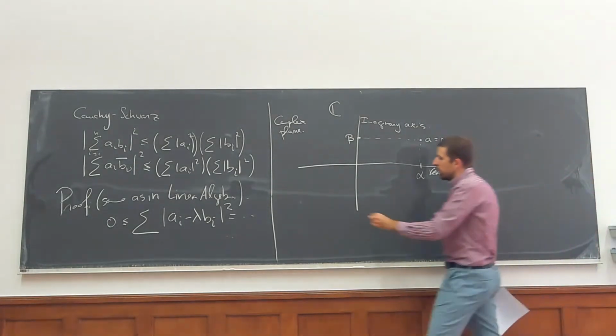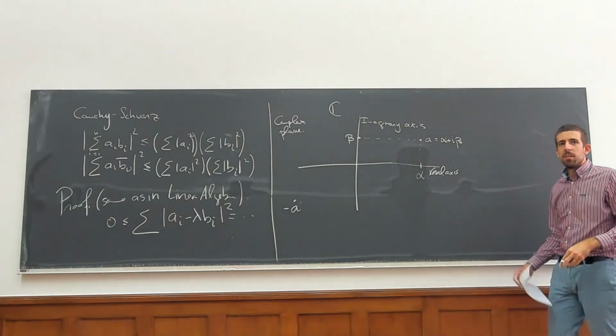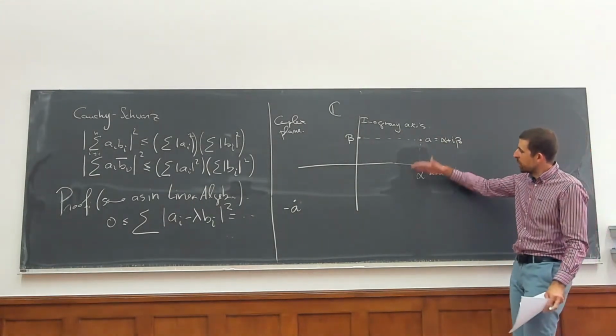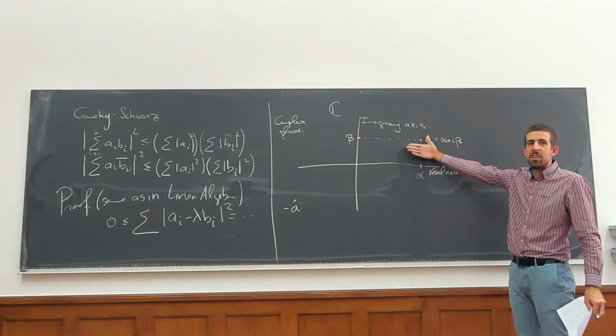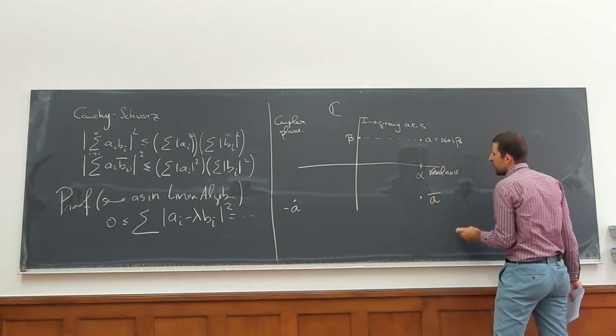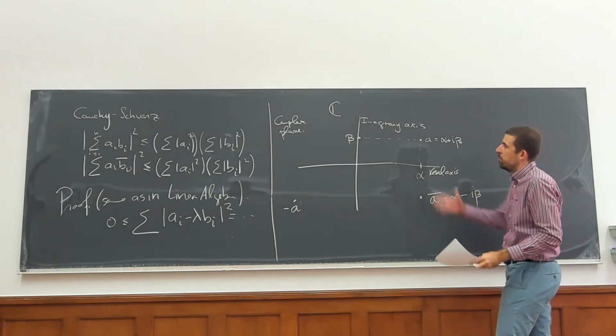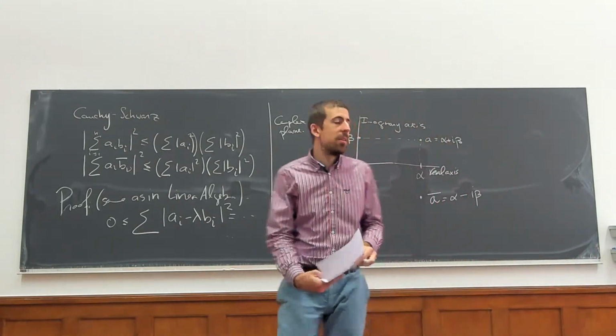Minus A will be here. A conjugate will simply be a reflection on the real axis: A conjugate equals alpha minus i beta. I just flip the imaginary part.